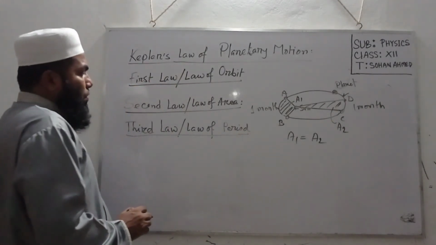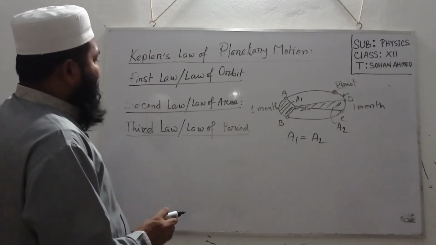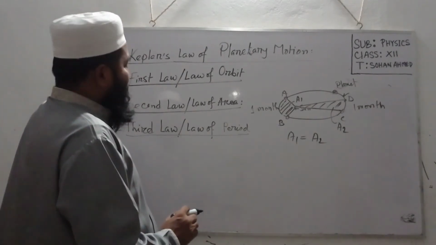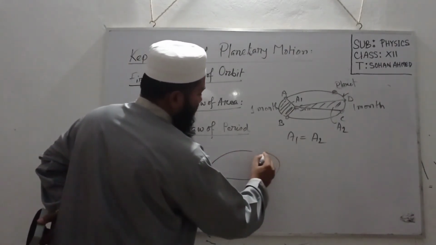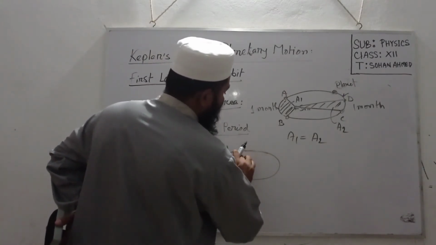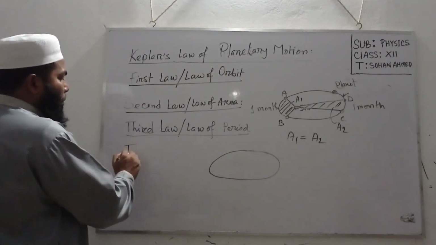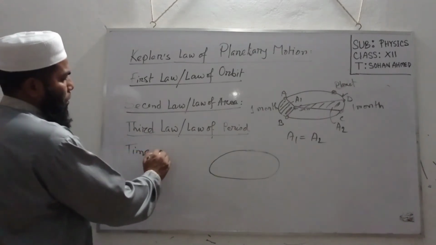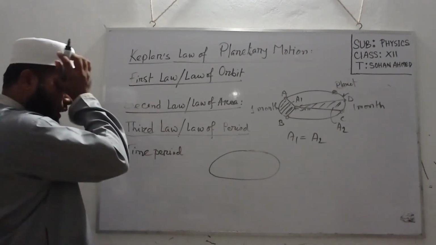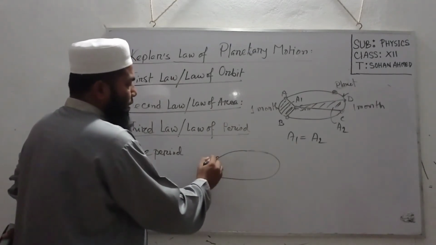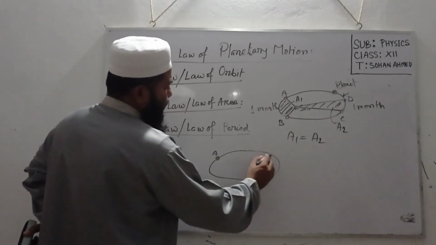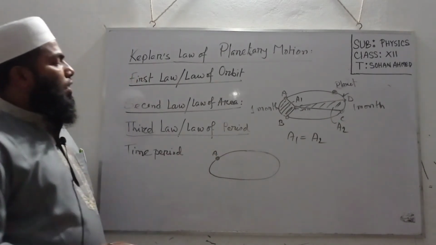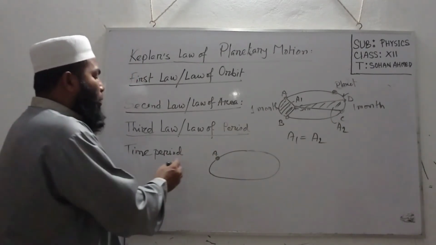According to this law, the orbital time period: we know, dear students, the time period is when a body moves in periodic motion. What is time period? Starting from A and completing one cycle, the required time is called the time period or orbital time.